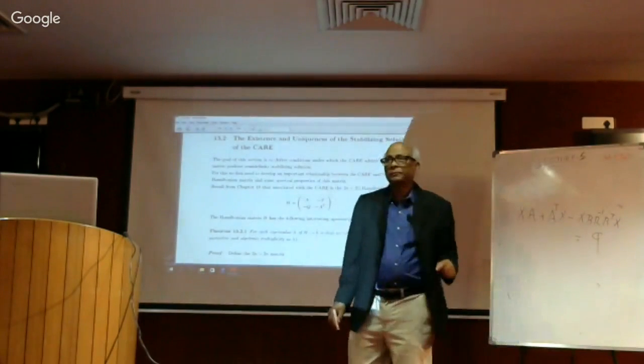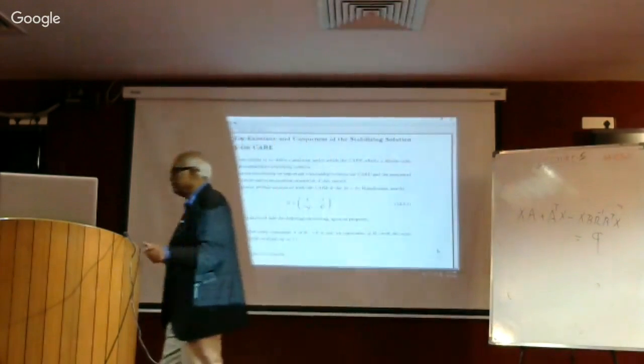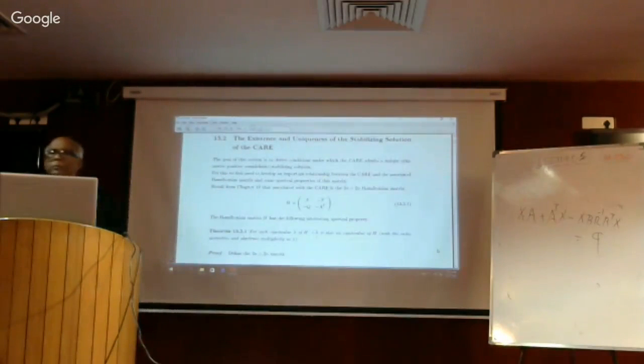This Riccati equation arises in the solution of the optimal control problem, where you have to minimize a quadratic function such that A minus BK is stable, and the matrix K is formed out of the solution of this Riccati equation.